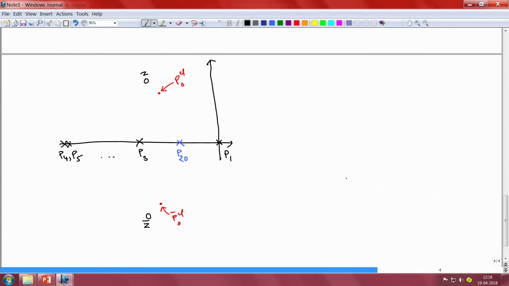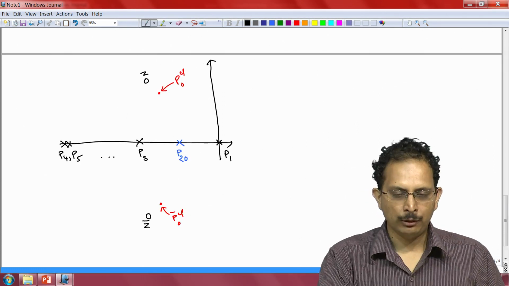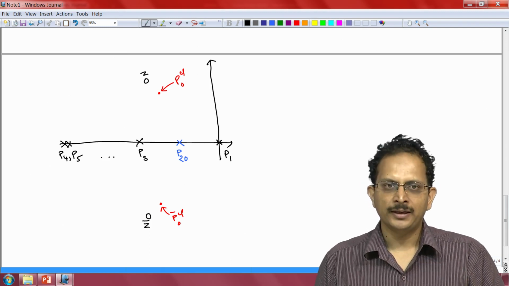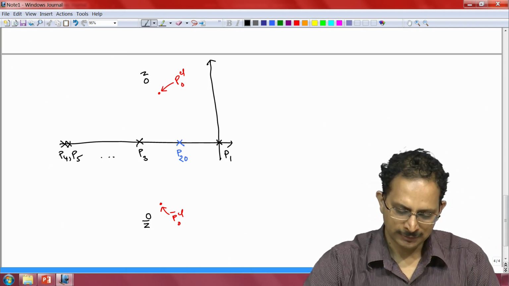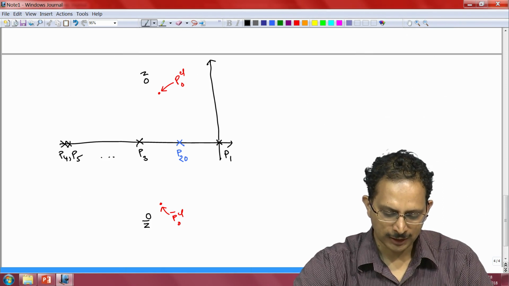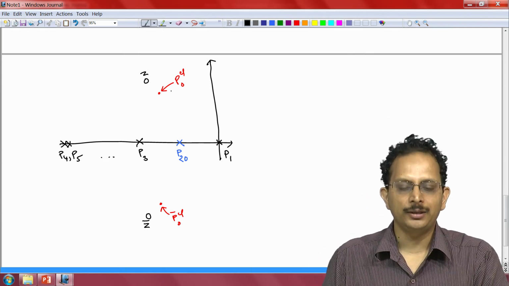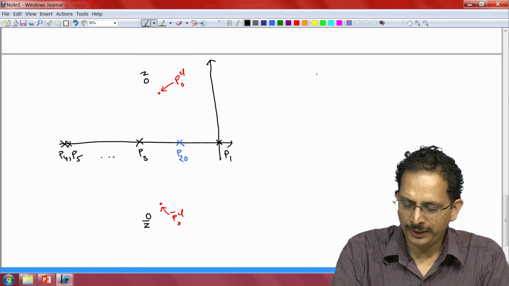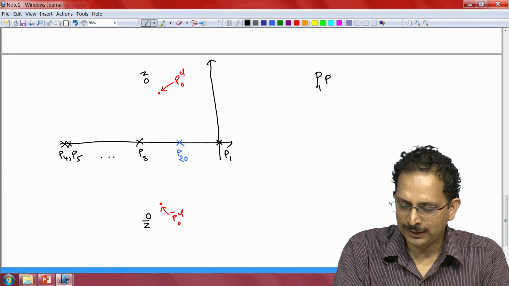Now if we look at the term S evaluated at the point PCL naught, it essentially represents the complex number starting at the point P1 and ending at the point PCL naught, and hence it would be P1 PCL naught.